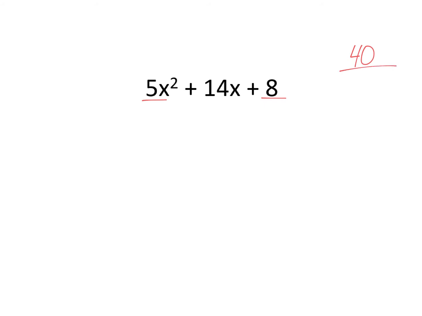And then I'm gonna do the same thing, find my factors. 2 times 20, 4 times 10, 5 times 8. And they either have to all be positive or all be negative, but since they are trying to get to positive 14, they're going to stay positive. So what two pairs add up to 14? Well, that's easy, 4 and 10.